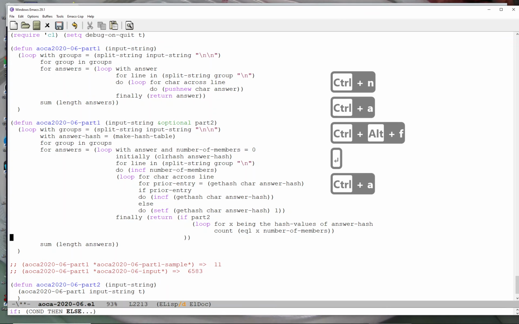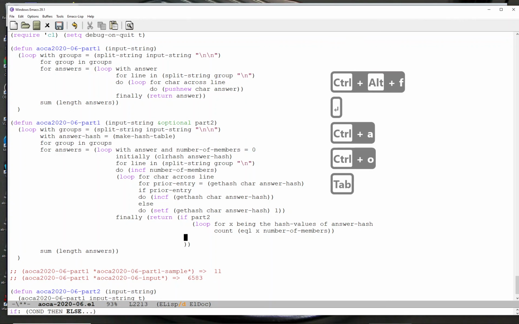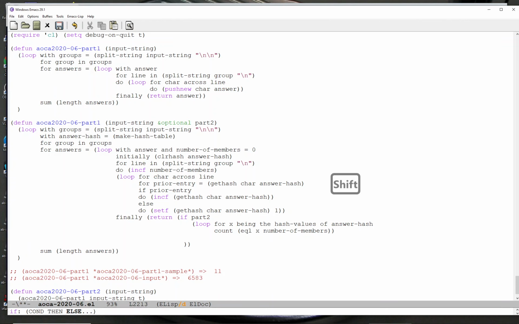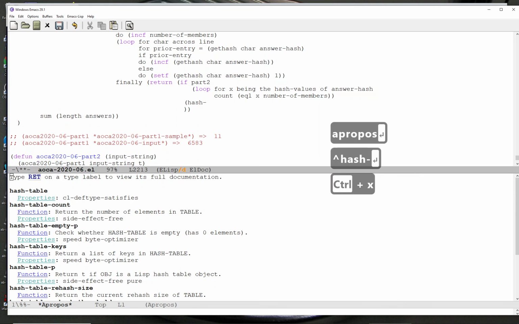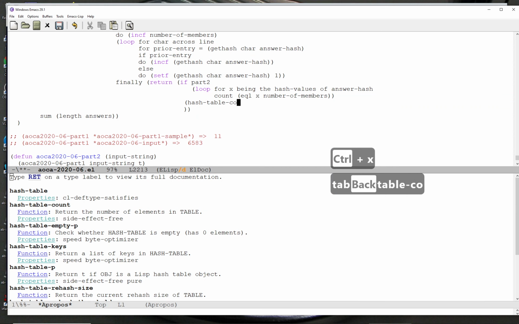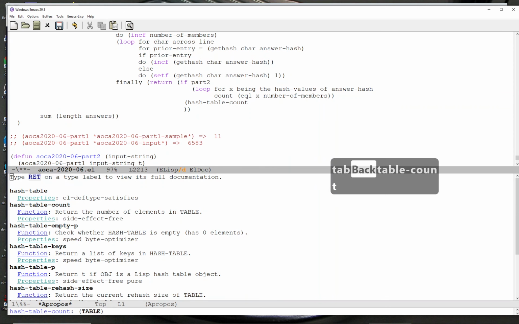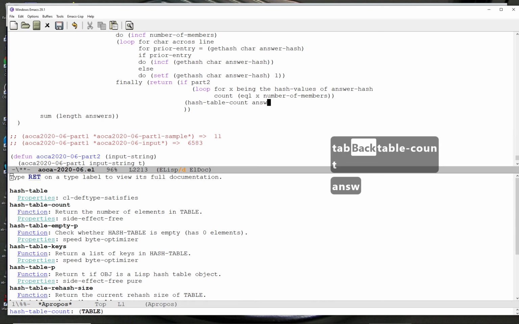And for part 1, we just want, is it hash count? No. So medix apropos hash table count of answer hash.